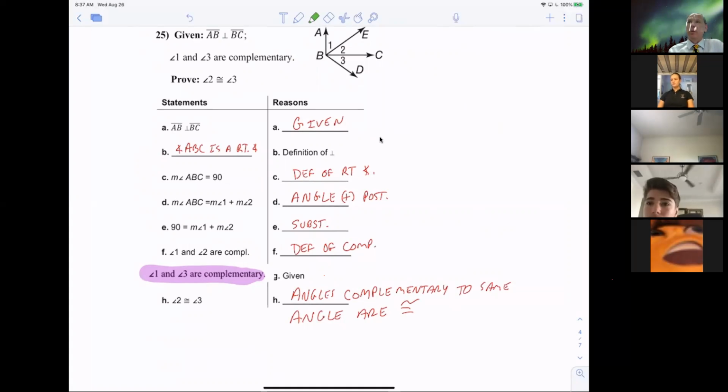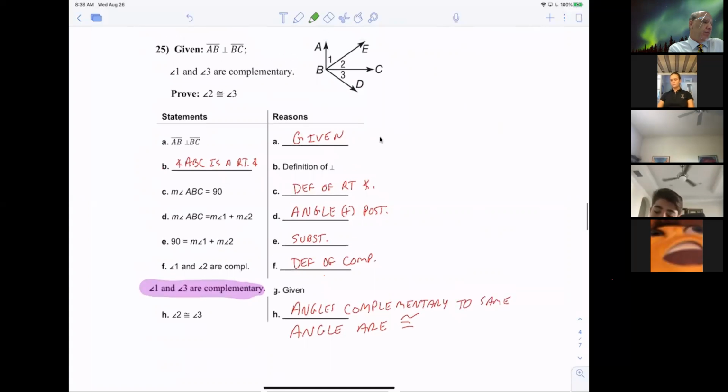What are we thinking on this? What is RC? Yeah, ABC is a right angle. Right, I just put right. Sorry about that. Right, it's a right angle. Remember, if two lines are perpendicular, they form what?